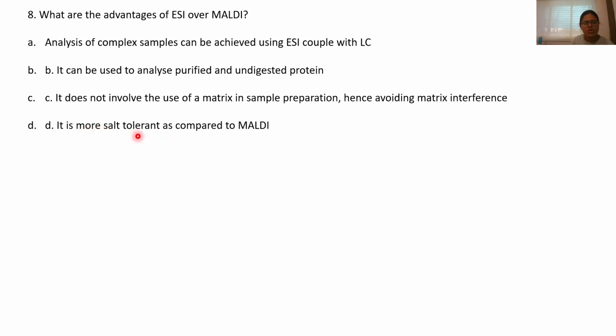It is more salt tolerant as compared to MALDI. So, what are the advantages of ESI compared to MALDI?